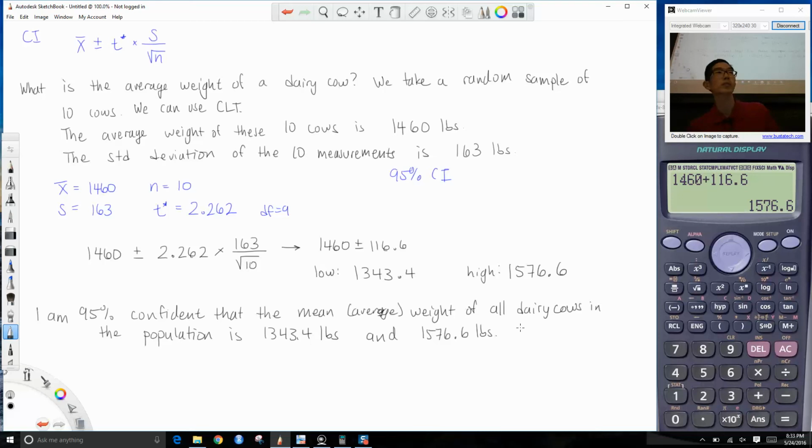Okay, is that okay? All right, what if I ask, do we have evidence that the average weight is not 1,600 pounds? What would you guys say?